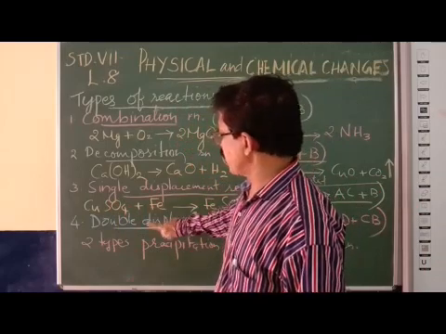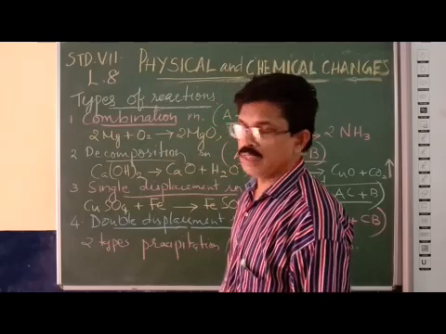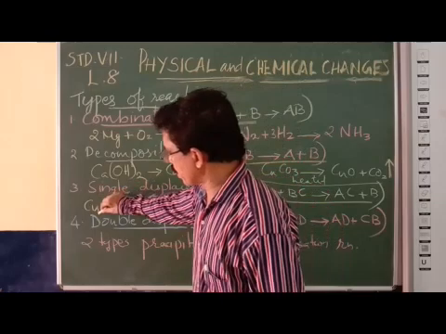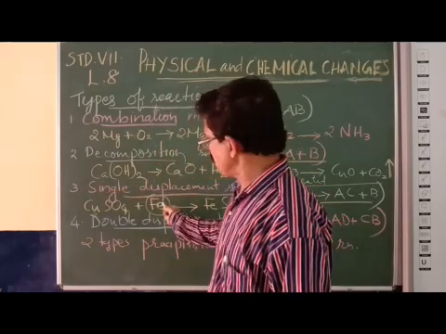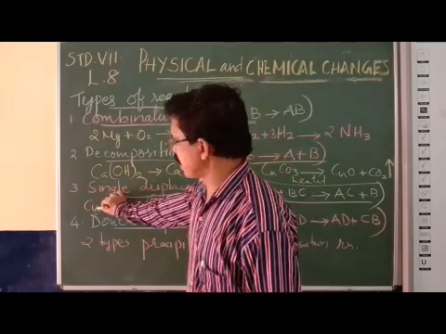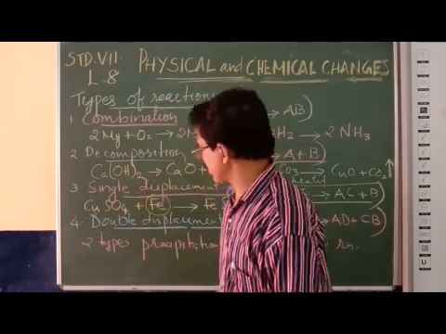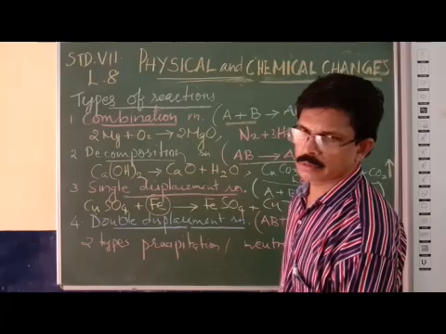For example, copper sulfate is a compound, whereas Fe, iron, ferrum, is more reactive. Fe is more reactive than copper. So this iron displaces the copper and combines with the sulfate and forms iron sulfate.